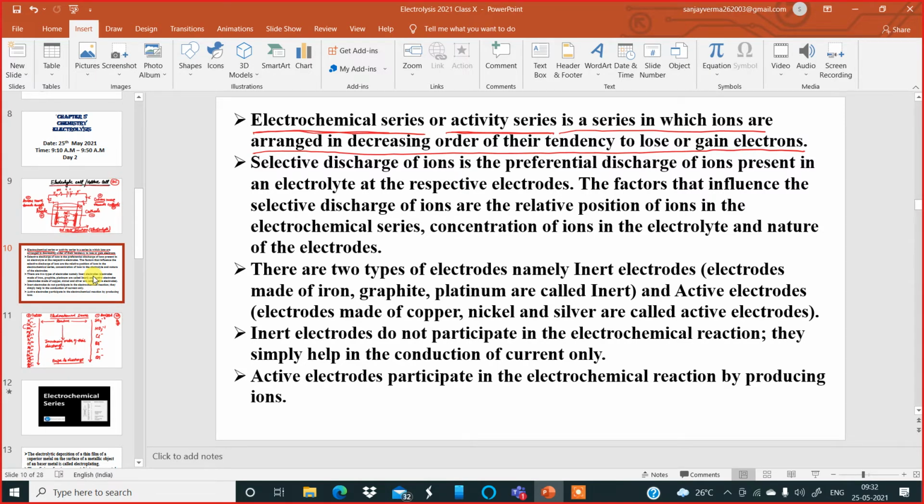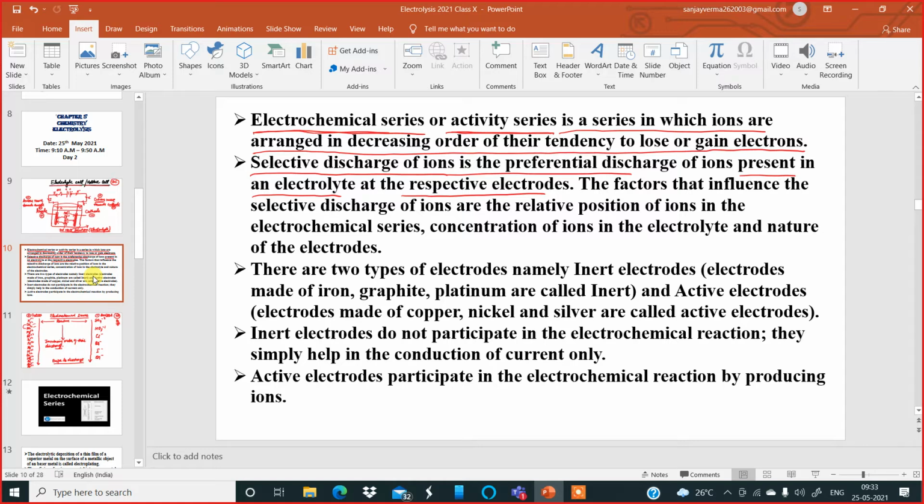After the electrochemical series, there is another point over here: selective discharge of ions. Selective discharge of ions is the preferential discharge of ions present in an electrolyte at the respective electrodes. You must learn this definition also. They will ask you direct questions in the form of definition, fill in the blanks, or one word.